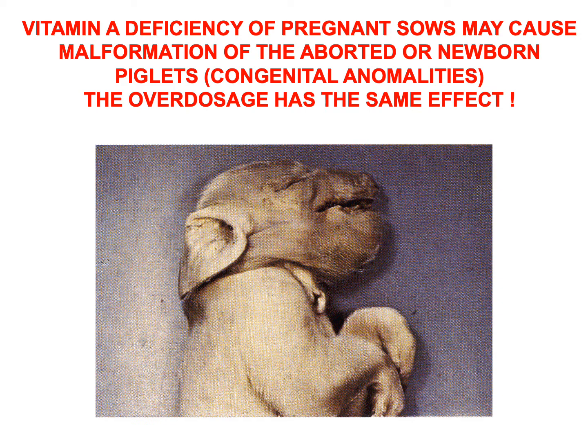It's highly important to make a remark: the overdosage has the same effect by the toxic effect of vitamin A. It is known that in the human field there is a medical recommendation that pregnant women are recommended not to eat liver more than once a week.